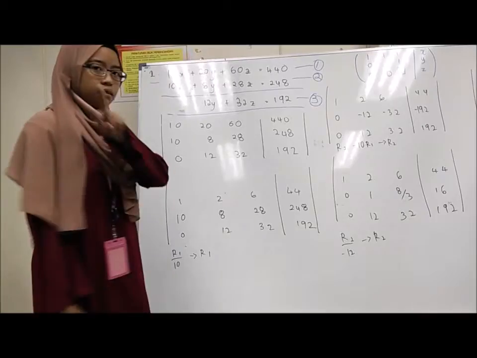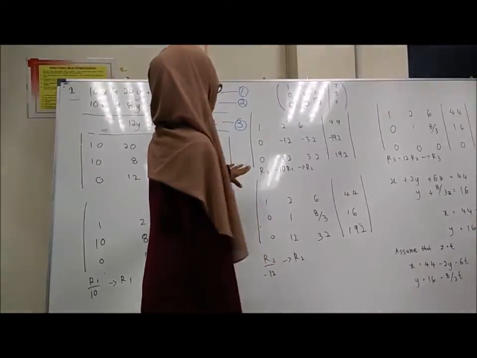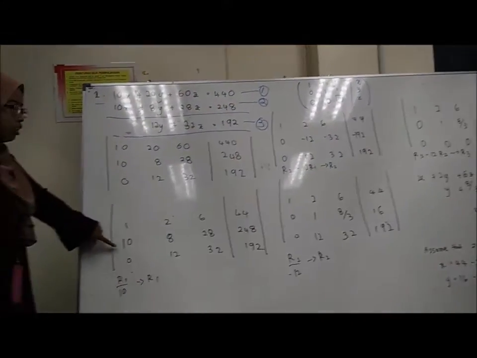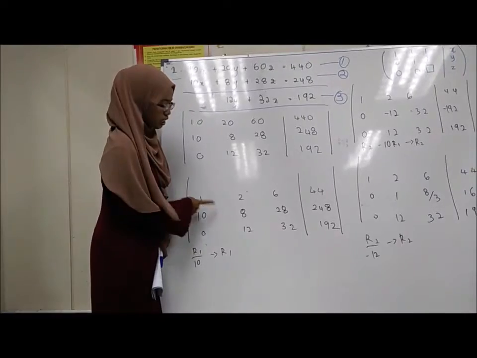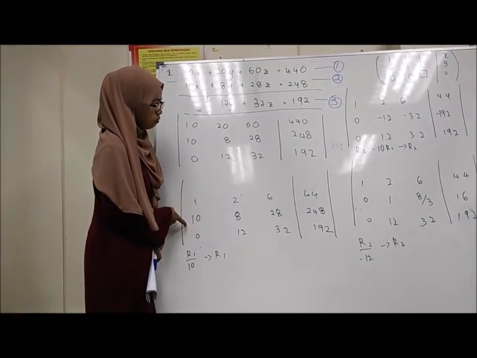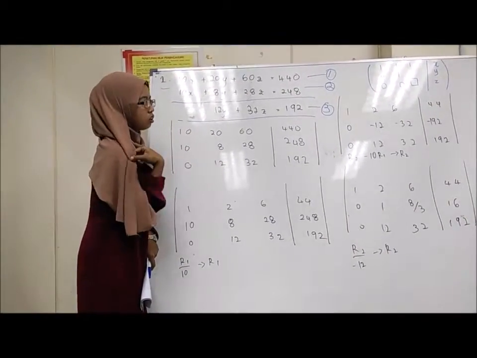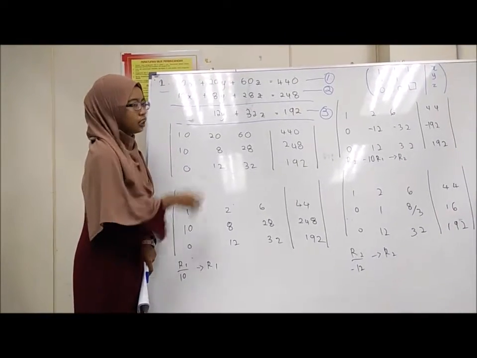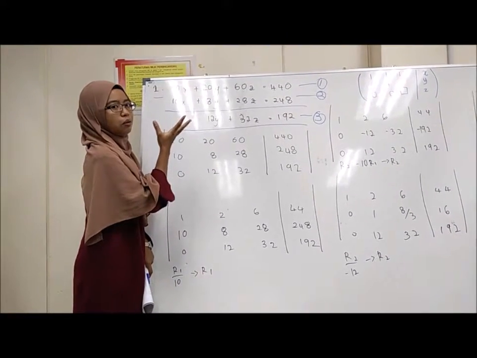Okay, so for the second row, we need to simplify it to become 0 so that we can get the y.